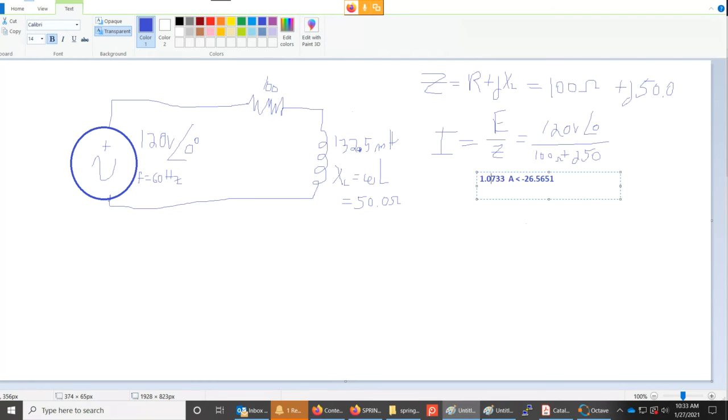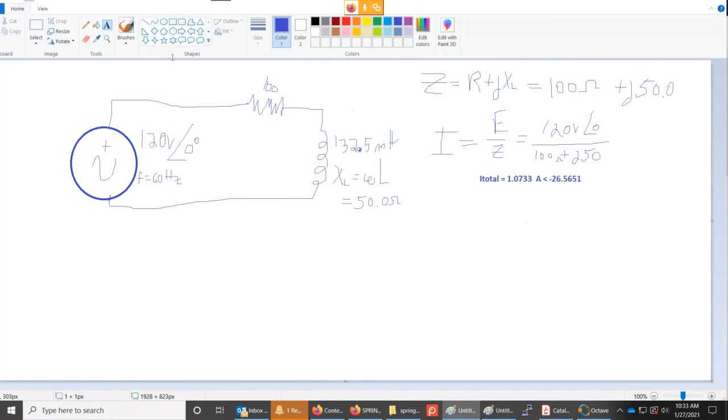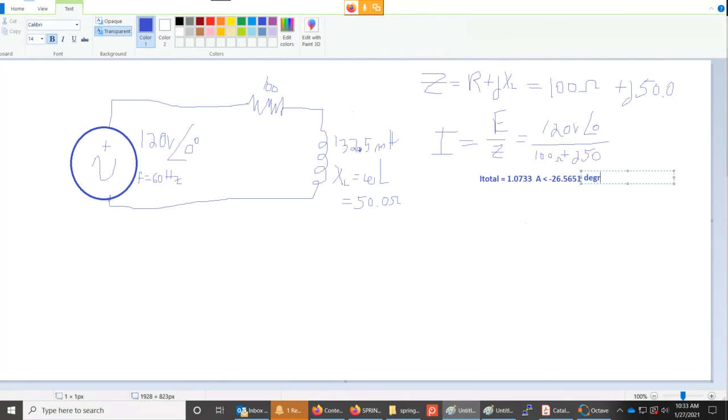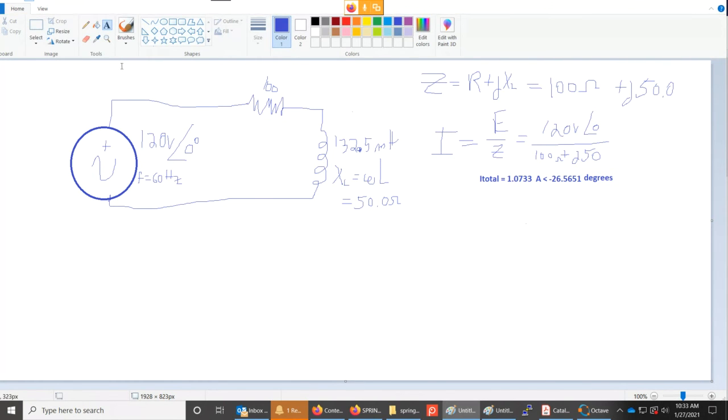This is my total current here for the circuit. Should have degrees over here. So that is my current.